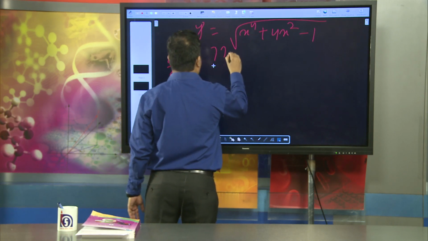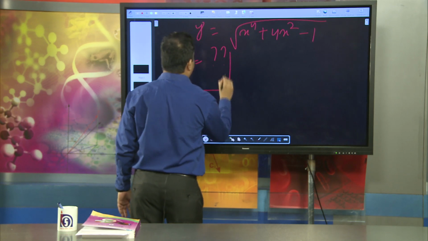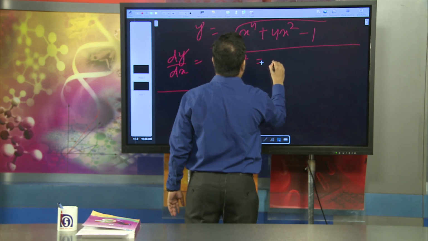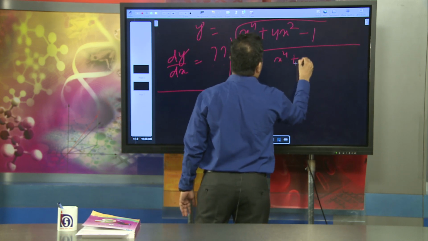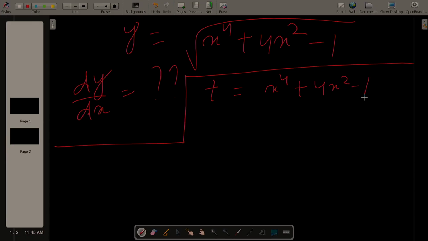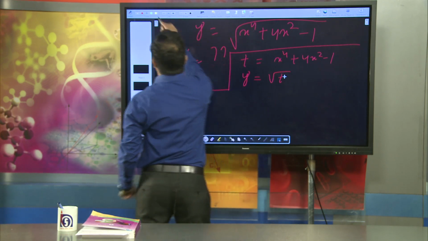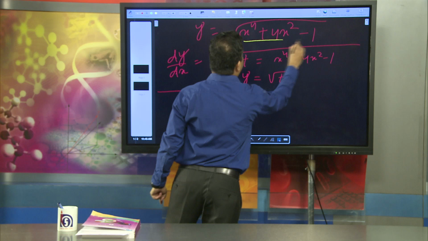Suppose I take t equal to x^4 plus 4x square minus 1. If I have taken t equal to x^4 plus 4x square minus 1, then the value of y equals square root of t, because in place of x^4 plus 4x square minus 1 I have written t.